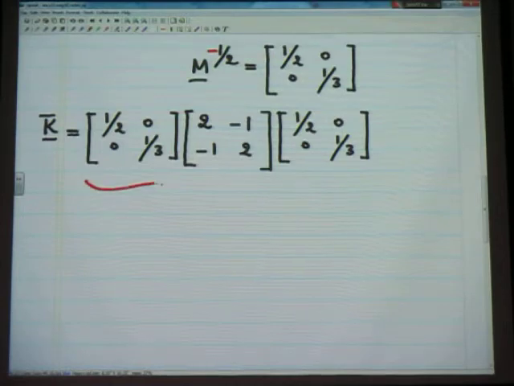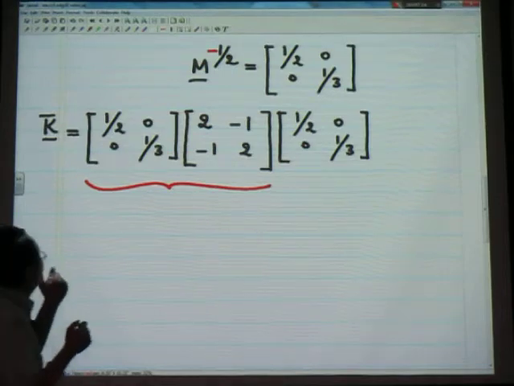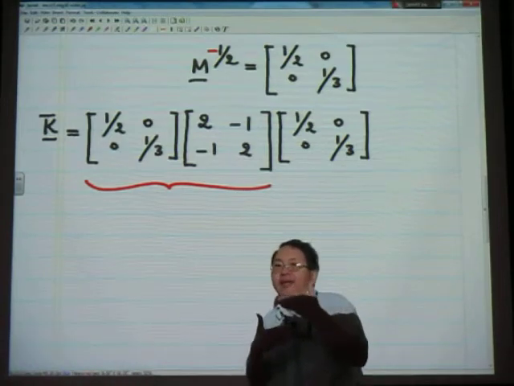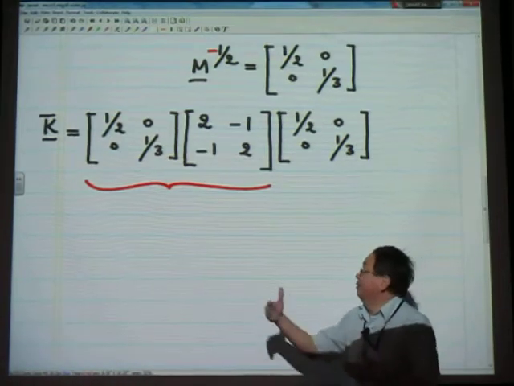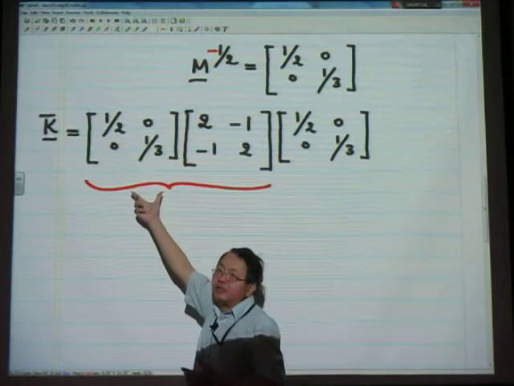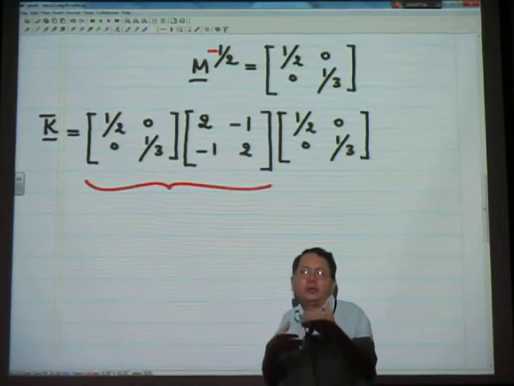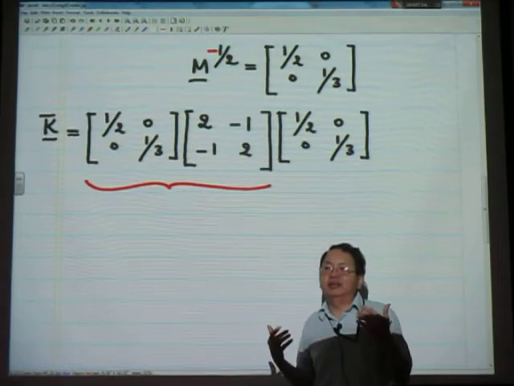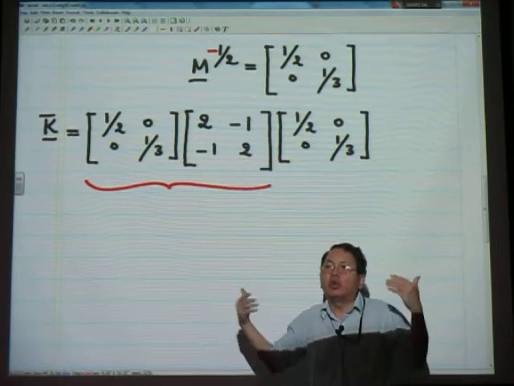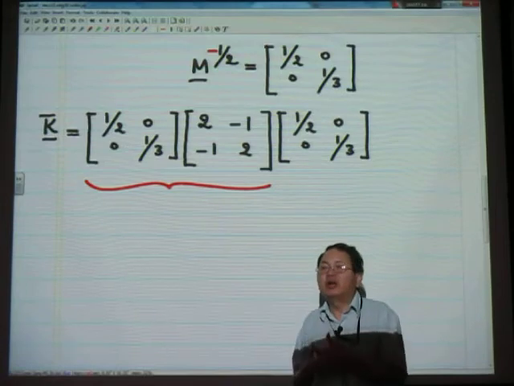Right, M to the minus 1/2 times K. Not giving me the number, but tell me how do you do that? What would be the principle behind it, if you take a diagonal matrix times another matrix, what would be the operations at the conceptual level rather than the numerical level?